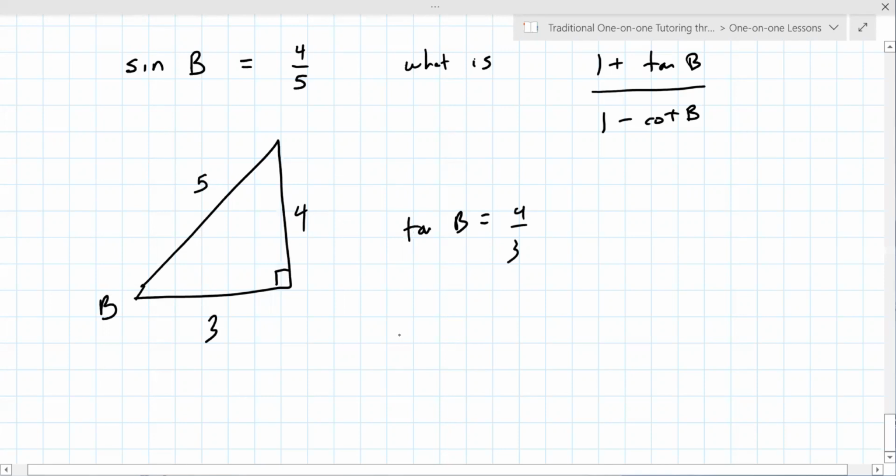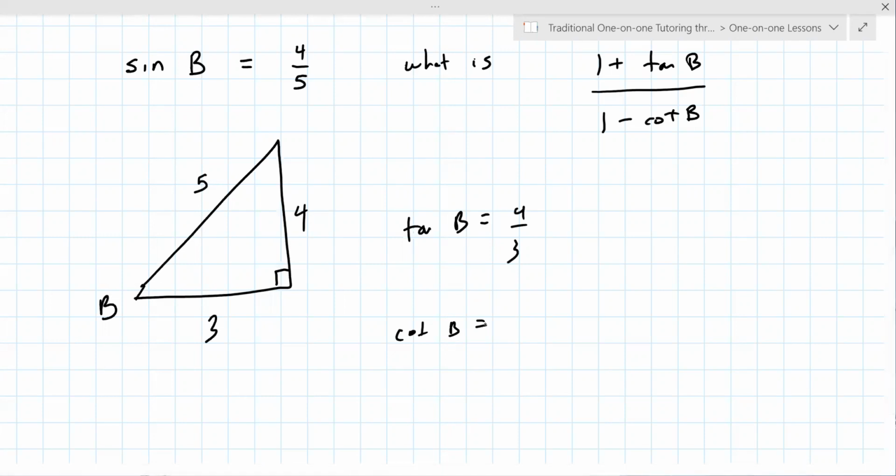Agreed. And then what about cotangent of B? 5/4. Cotangent is the reciprocal of tangent. Oh, of tangent. 3/4. 3/4.